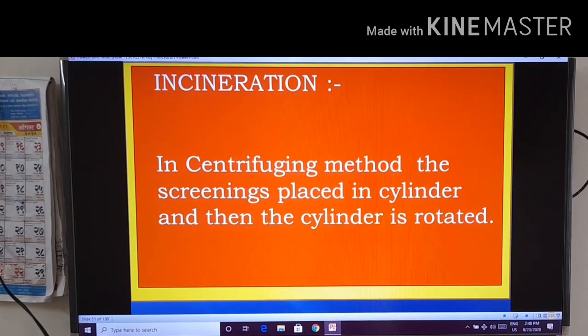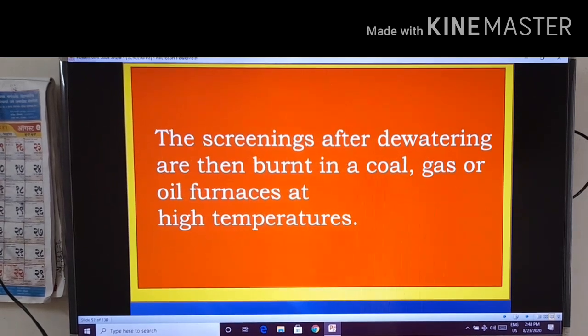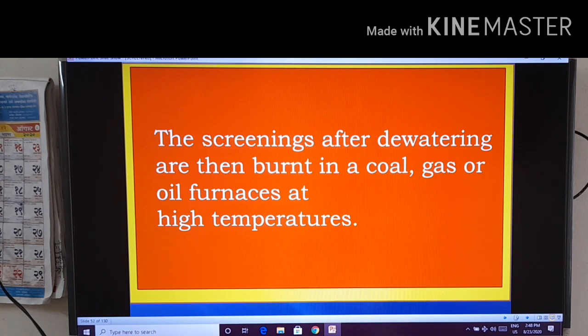In the centrifuging method, the screenings are placed in the cylinder and then the cylinder is rotated. The screenings after dewatering are then burned in coal, gas or oil furnaces at high temperatures.